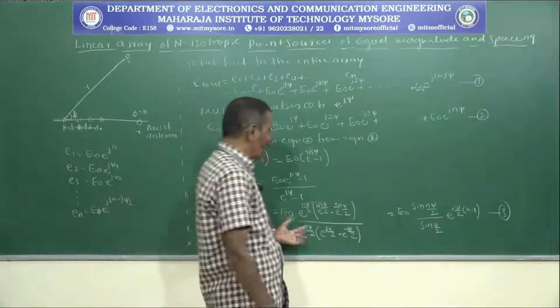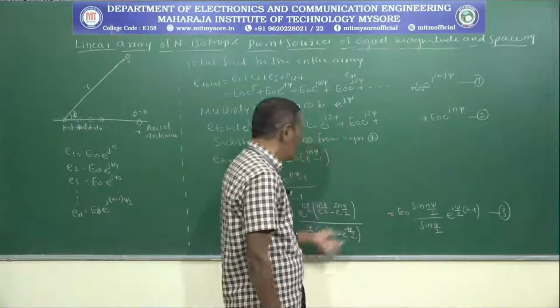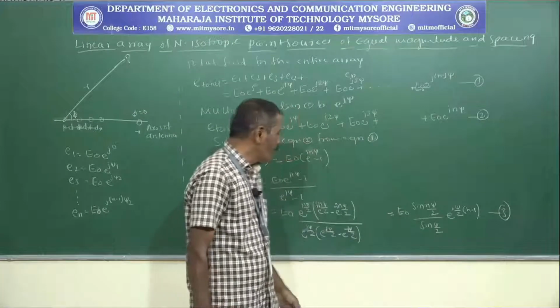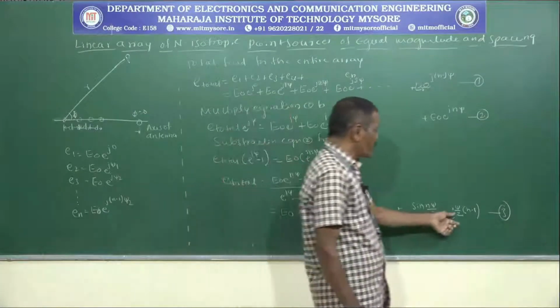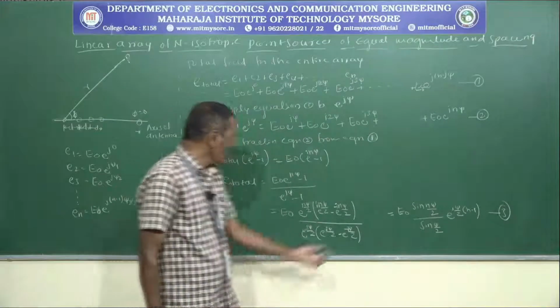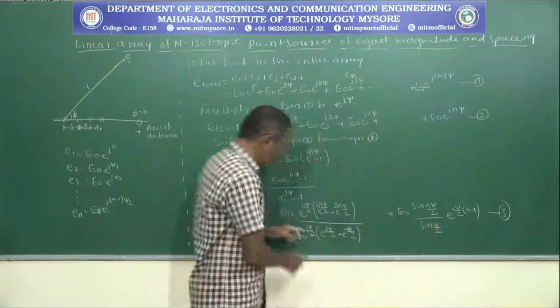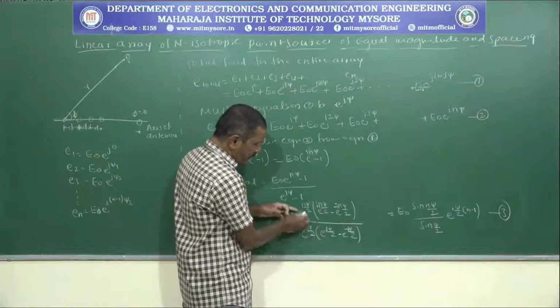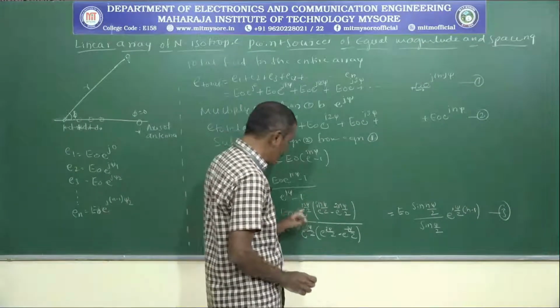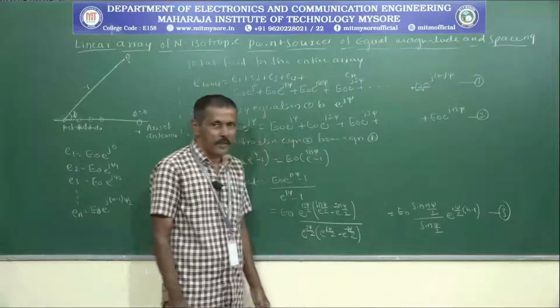Therefore, we can write this equation as sin of n psi by 2 divided by sin of psi by 2 into e to the power of j psi by 2 into (n minus 1). Because this term and this term are there, if I take this to the numerator, it will be (n minus 1) into psi by 2.